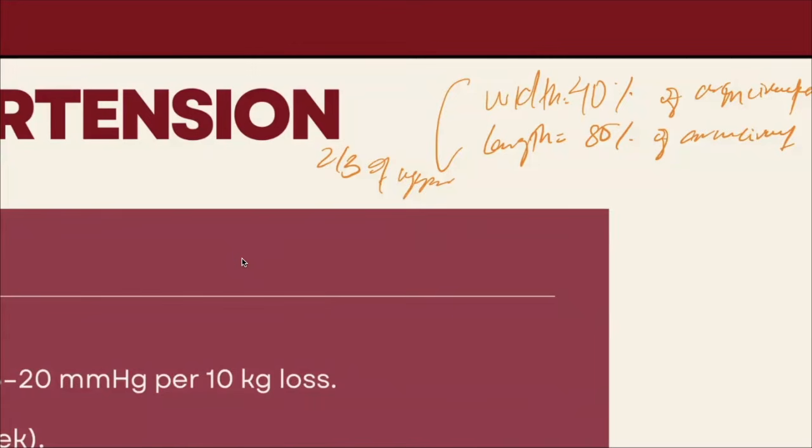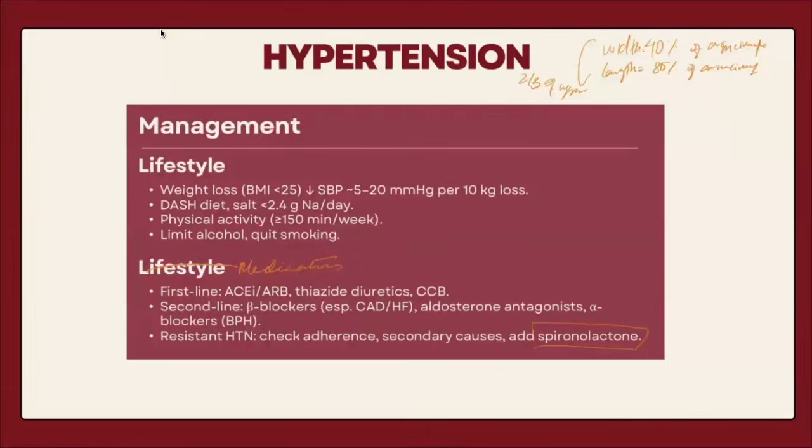Usually the cuff comes with a line that tells you this part should be over the brachial artery, and so on and so forth. So just know the right practices for measuring blood pressure. Remember these numbers if we need them: 40% width for arm circumference, 80% length for arm circumference, and 2/3 of the upper arm. Yes? We clear?